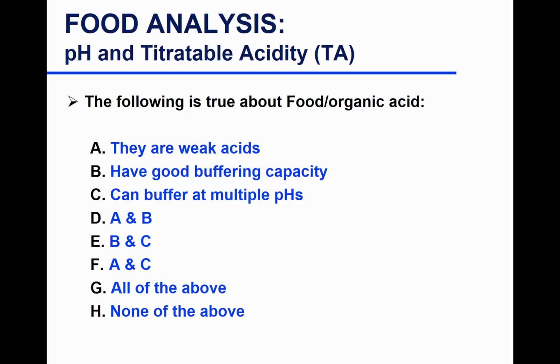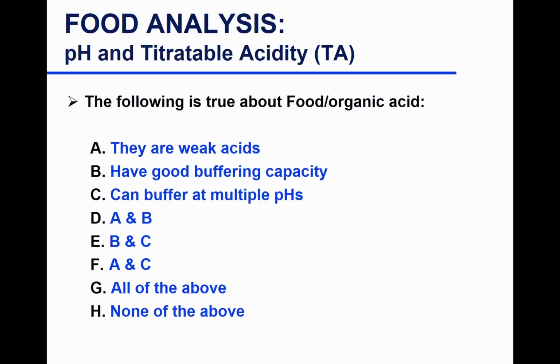That is correct. But what is unique about organic acid, some of them have multiple carboxyl groups. Like citric acid, for example, has 3 carboxyl groups. That means each carboxyl group has a dissociation factor, so each one of them has a specific pKa value.